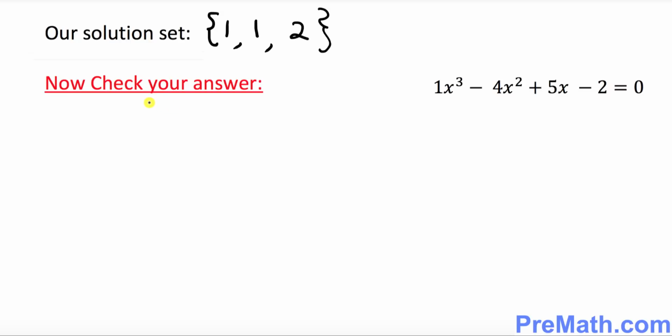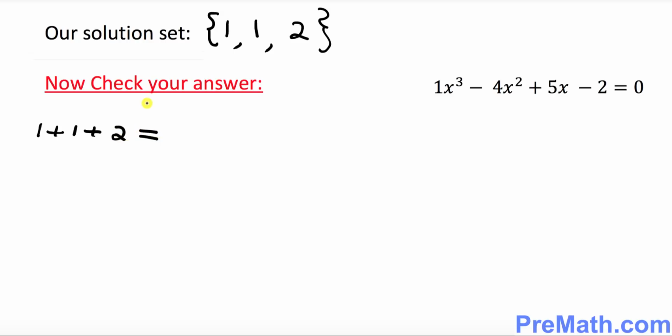And finally, our final step is to check our answer. As you know, our solution set is 1, 1 and 2. Now if you want to check your answers, you simply need to add your solutions up. So 1 plus 1 plus 2.